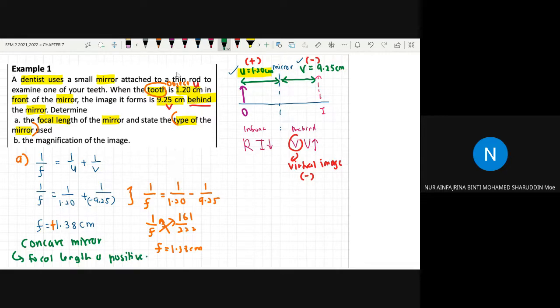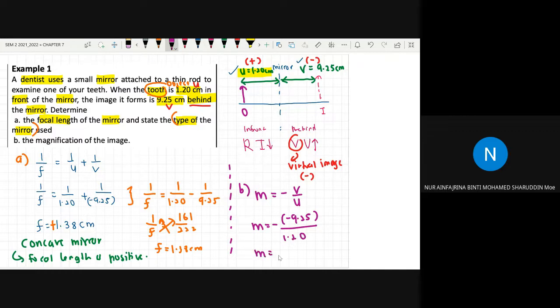Okay, next we want to find the magnification. What is the formula for magnification? Negative V over U. Very good. Magnification is negative V over U. So magnification equals to your V, which is negative 9.25, and your U is 1.2.